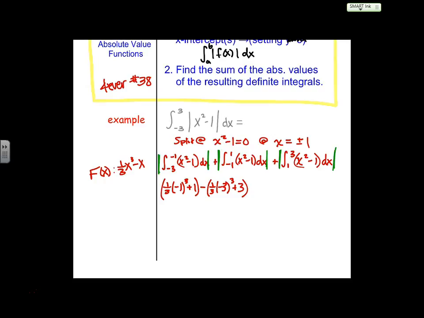Feel free to call out if you find a mistake. That's the first one. Plus 1/3 of 1 cubed minus 1. Supposed to be doing math and double checking these silly goofs. 1/3 of -1 cubed minus -1.